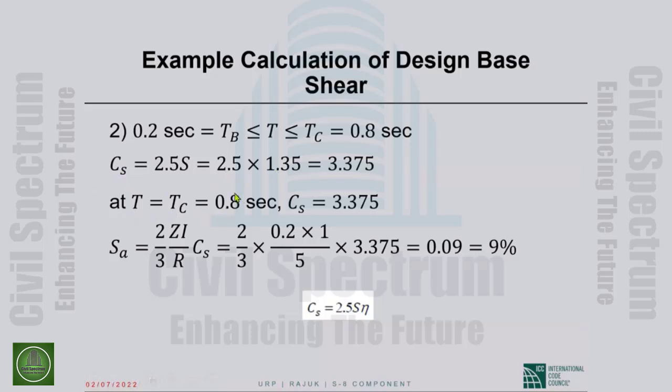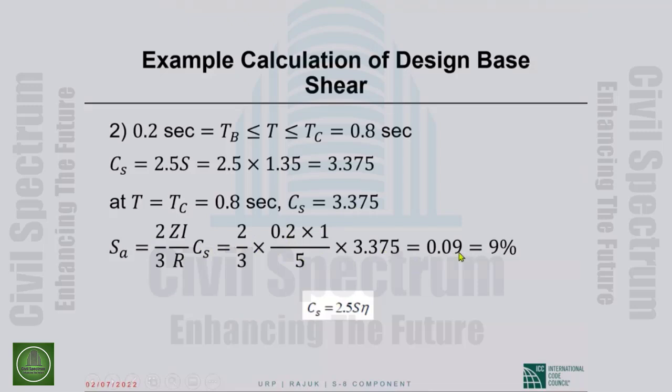At T equal to T sub C equal to 0.8 second, C sub S remains 3.375, irrespective of period. So S sub A, the spectral acceleration, 2/3 ZI over R times C sub S: 2/3, Z is 0.2, R is 5, I is 1, and C sub S is 3.375.